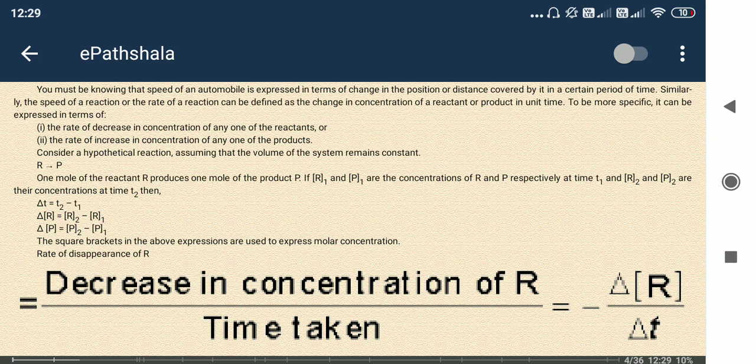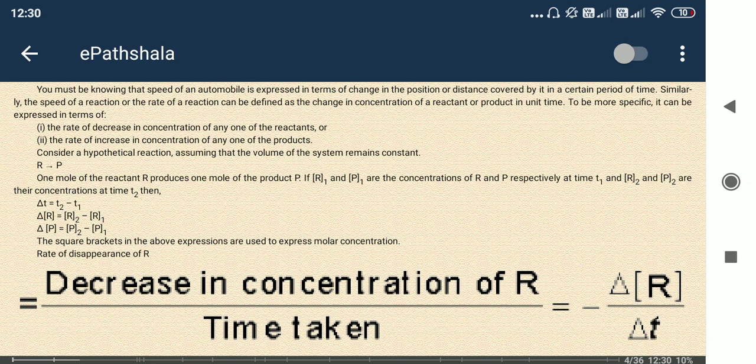So you can see delta R. Delta means a very small amount, because we have taken the time as delta T, meaning in a small time change, how much reactant is converted to product. So delta R by delta T, and it is written with a minus because the change of concentration is negative, here decreasing. Final concentration minus initial concentration will be negative only.